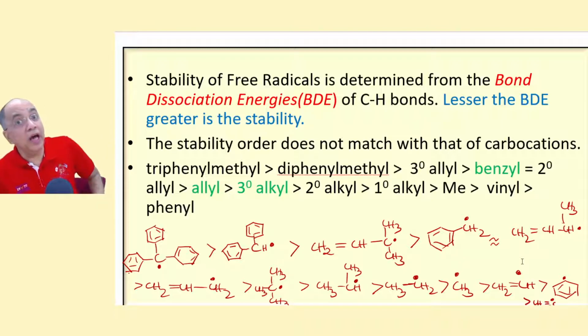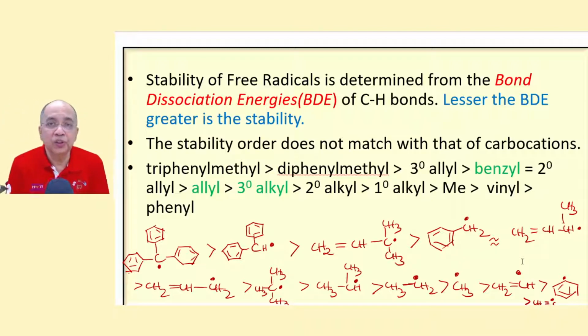Now, unlike the case of carbocations, which were judged on the basis of hydride ion affinity, here, to assess the relative stabilities of free radicals, we will take bond dissociation energy, BDE. The more the bond dissociation energy of the C-H bond, the less the stability of the free radical produced after the bond breaks homolytically.